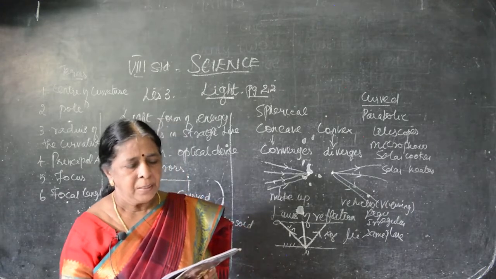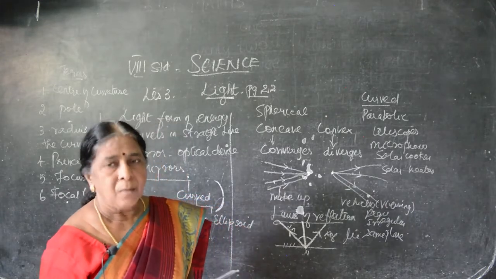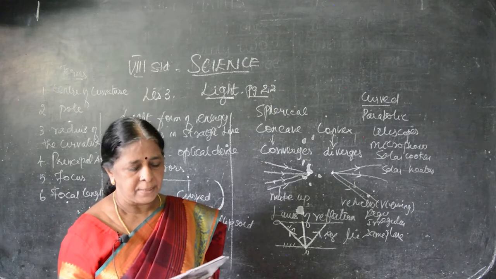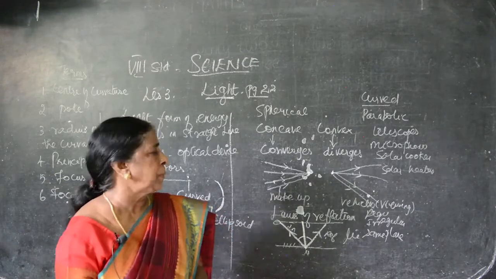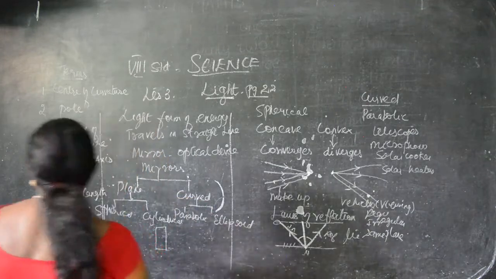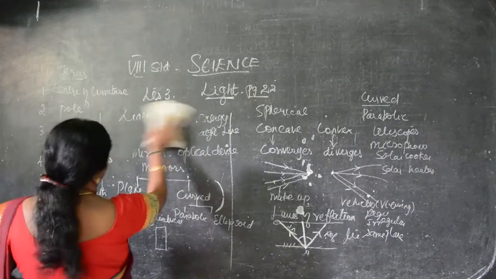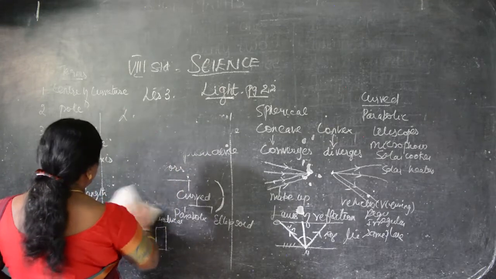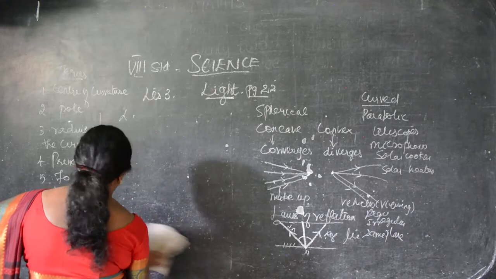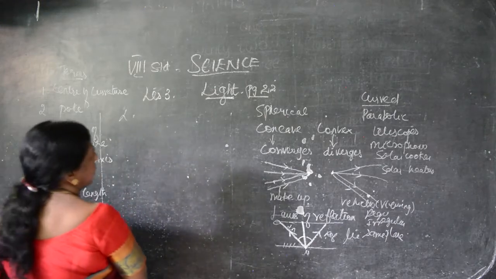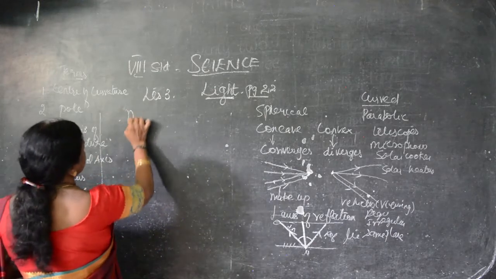For example, activity 4. What have you taken? Two plane mirrors. How many mirrors have you taken? Two plane mirrors, and keep them perpendicular to each other. Perpendicular means what? Let me rub the board. Now we have to say what is multiple reflection.